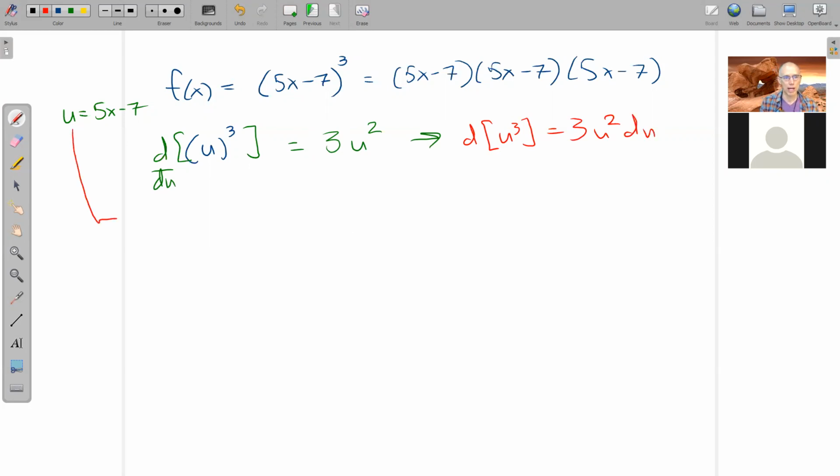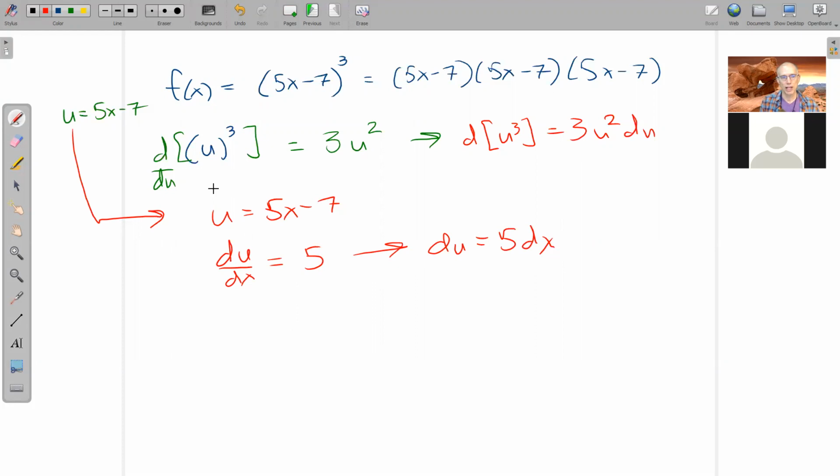And then we come back and say, all right, let's deal with this u thing now. U is really 5x minus 7. And we know how to take the derivative of u with respect to x. It would just be 5. And then write that in the differential form, which says du equals 5 dx.